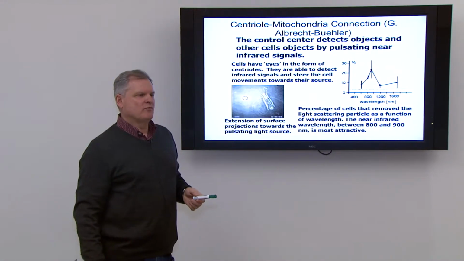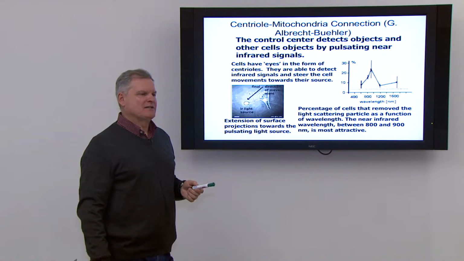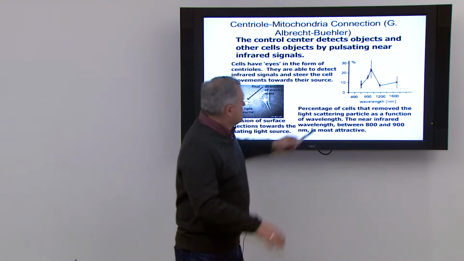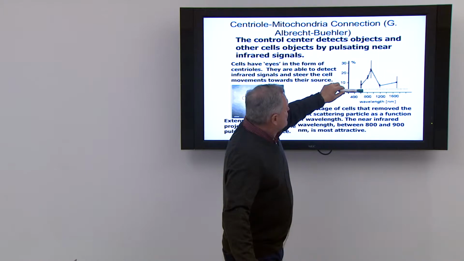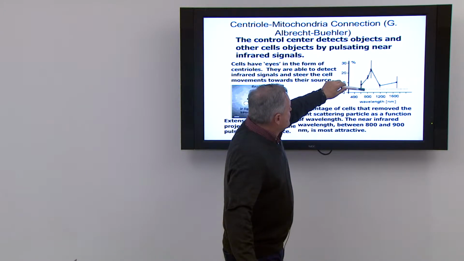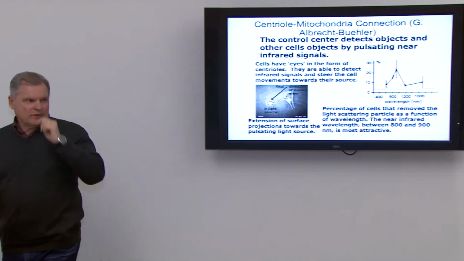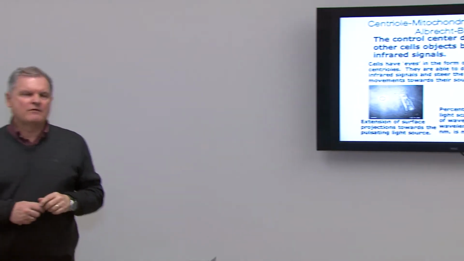The cells would respond to the incoming light and move toward that. Actually, some of it is visible up to 750, but some of it is near infrared. It's not visible light, but in the near infrared region.